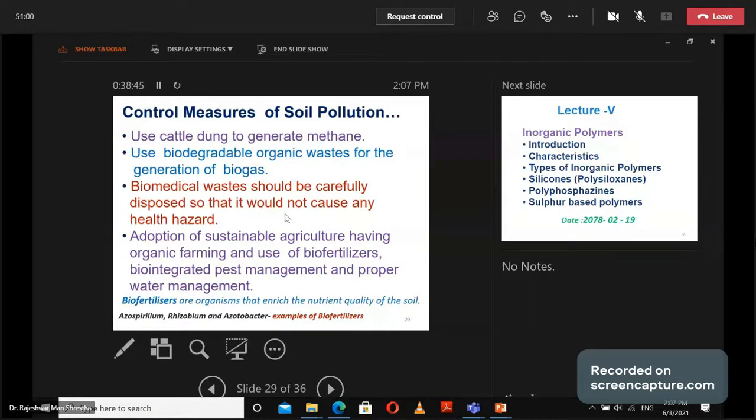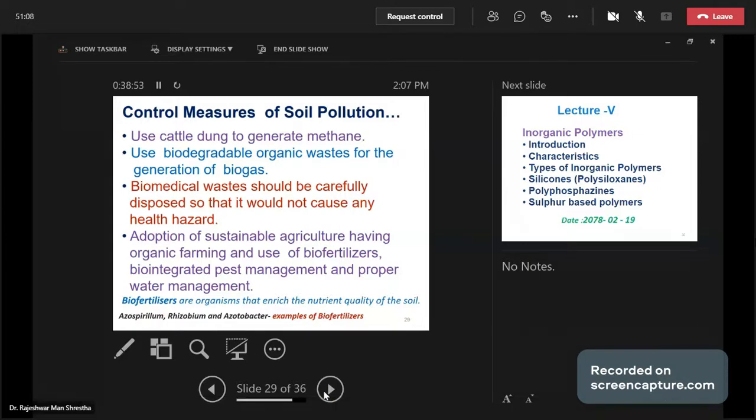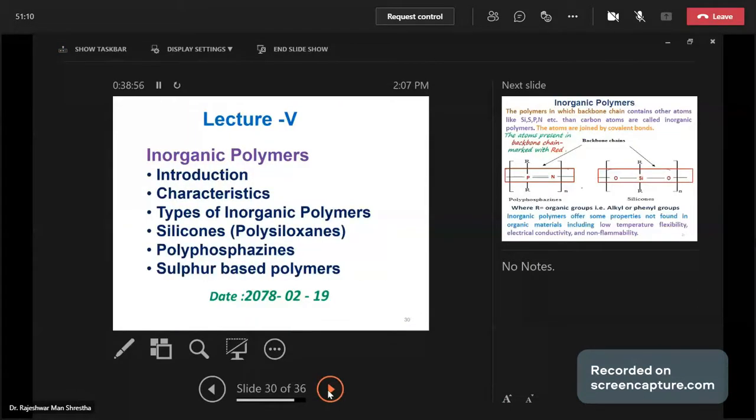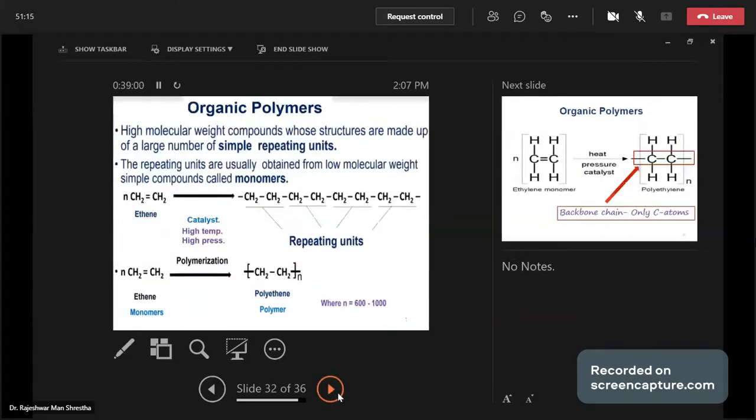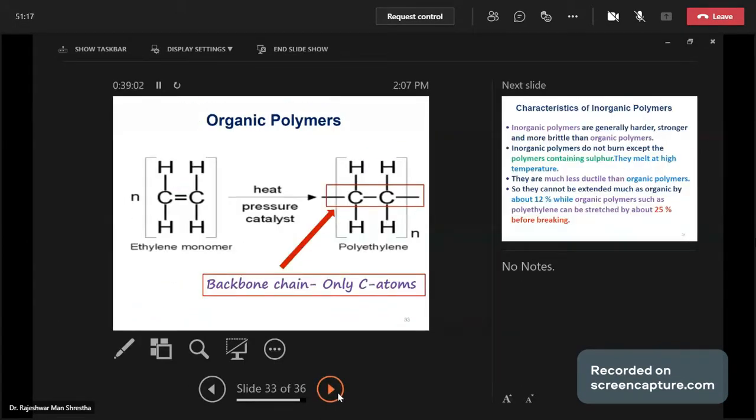Now next topic, again just in brief, what do you mean by inorganic polymer? अब मैले अर्गानिक पोलिमरलाई एकछिन भनौँ. Simple example of organic polymer is polyethylene, correct?